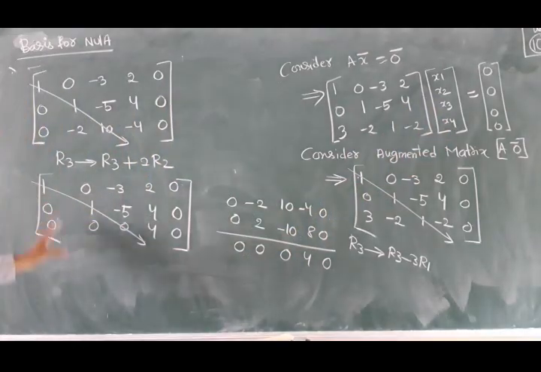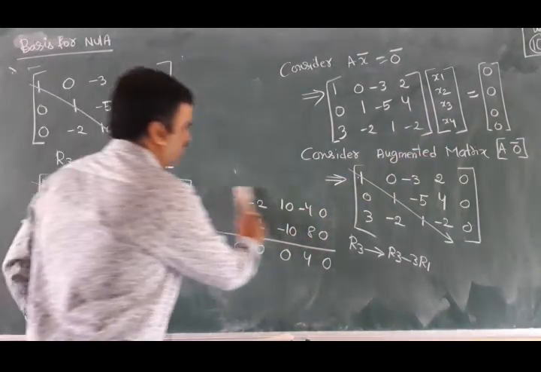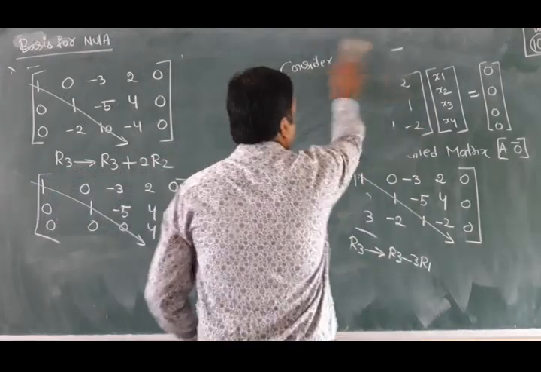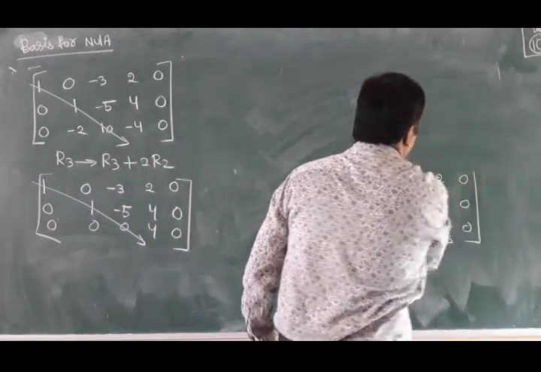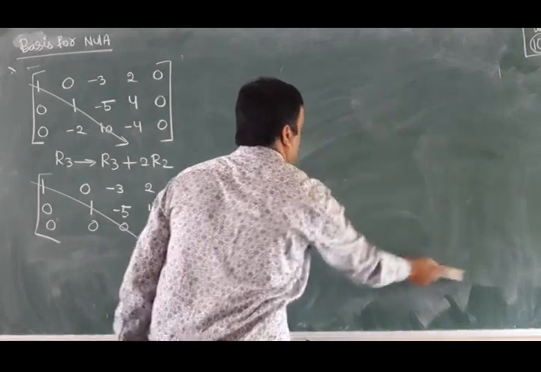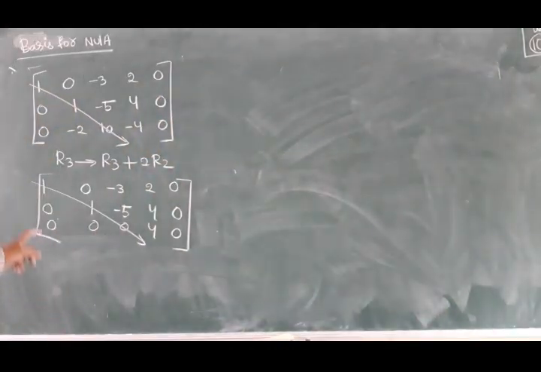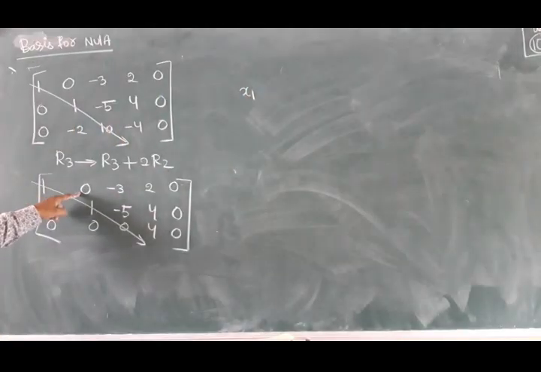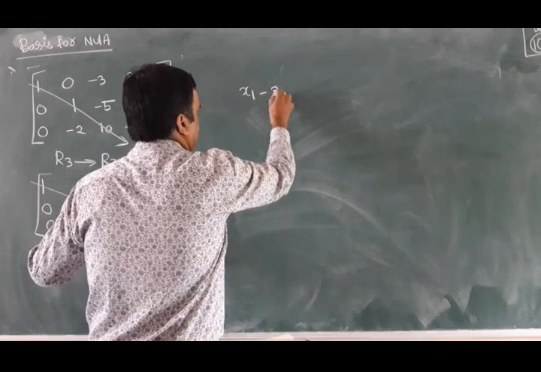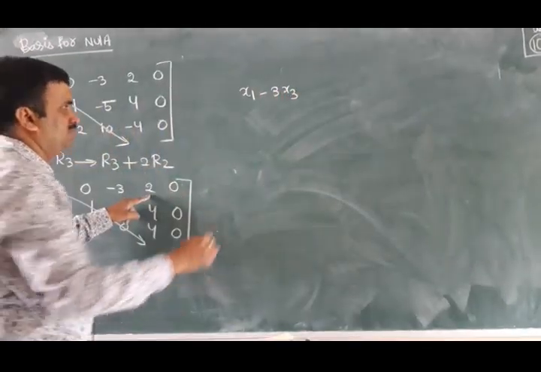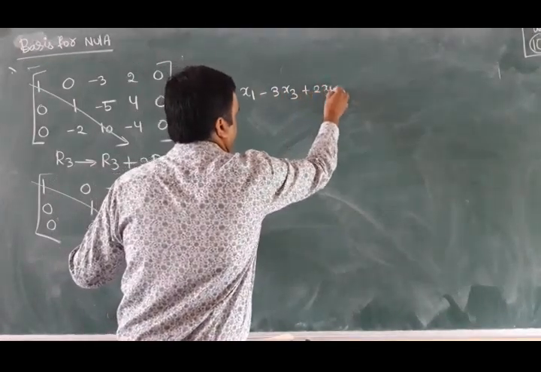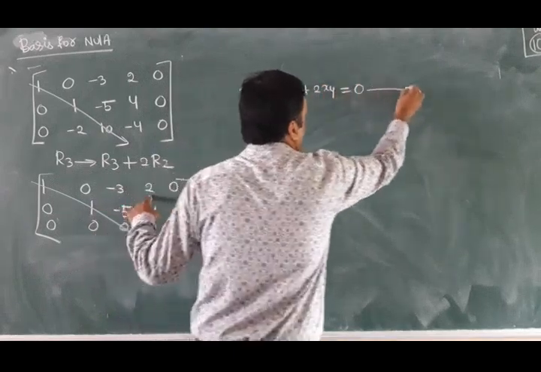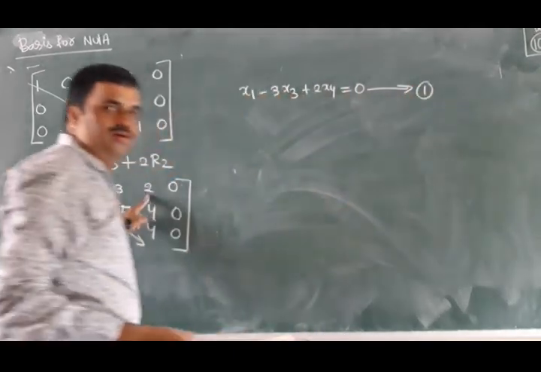Again I'll write the equation for this augmented matrix. 1 x1 plus 0 x2 minus 3 x3 plus 2 x4 equal to 0. Equation number 1.